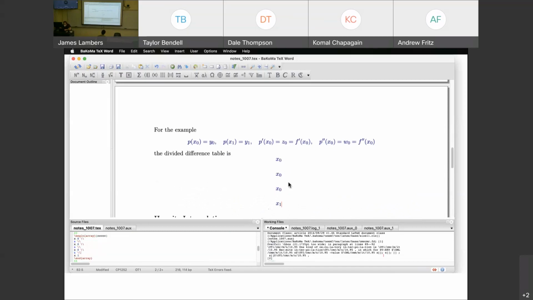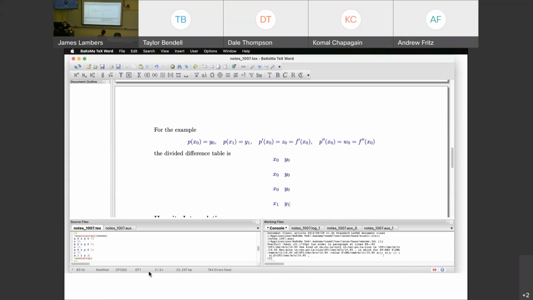Now the second column, I will list the y values. Since x naught is listed 3 times, its y value will also be listed 3 times. And then for x1, I list its value y1.